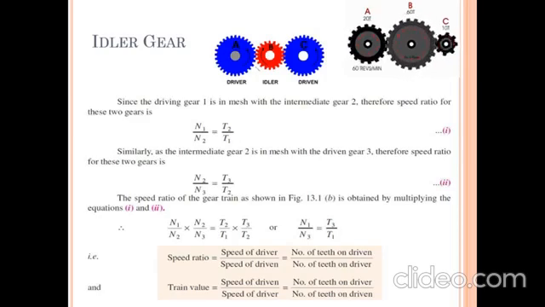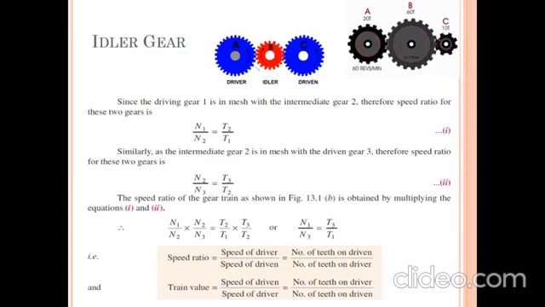For the second meshed gears, second and third, we will again apply velocity ratio. It will be N2 upon N3 is equal to T3 divided by T2. This will be the velocity ratio for the second and third gear. Therefore, combinedly multiplying the first equation and second equation, we will get the velocity ratio for this total gear train having 1, 2, 3 gears.